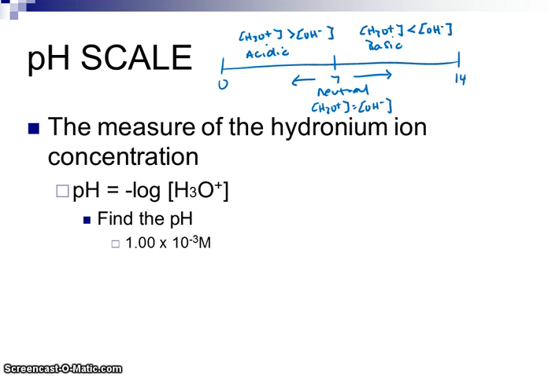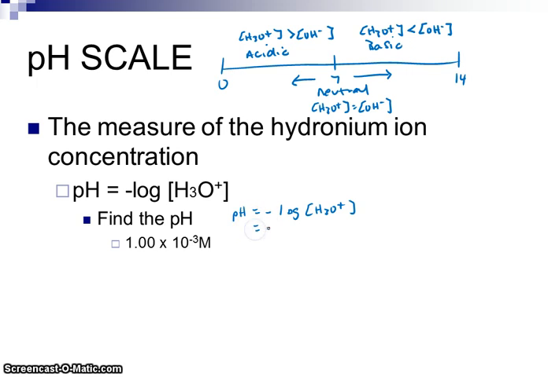Let's say we want to find the pH if we're told that the hydronium ion concentration is 1.00 times 10 to the minus 3. So pH equals the negative log of our hydronium ion concentration.